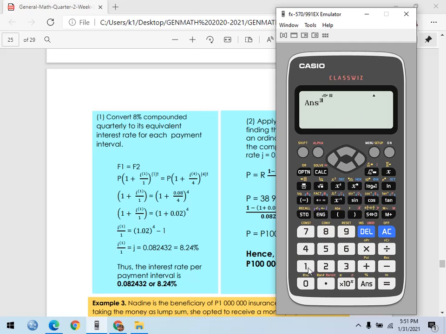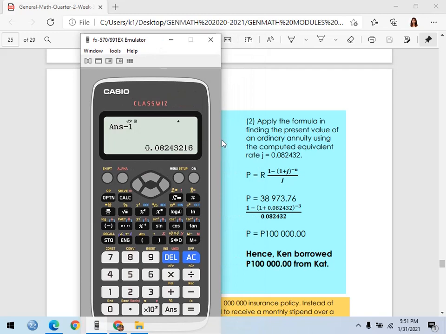So, from quarterly, gagawin siyang annually. So, same lang yun. And then, minus 1. So, we have 0.082432. So, yun yung J na gagamitin nyo to solve for P.